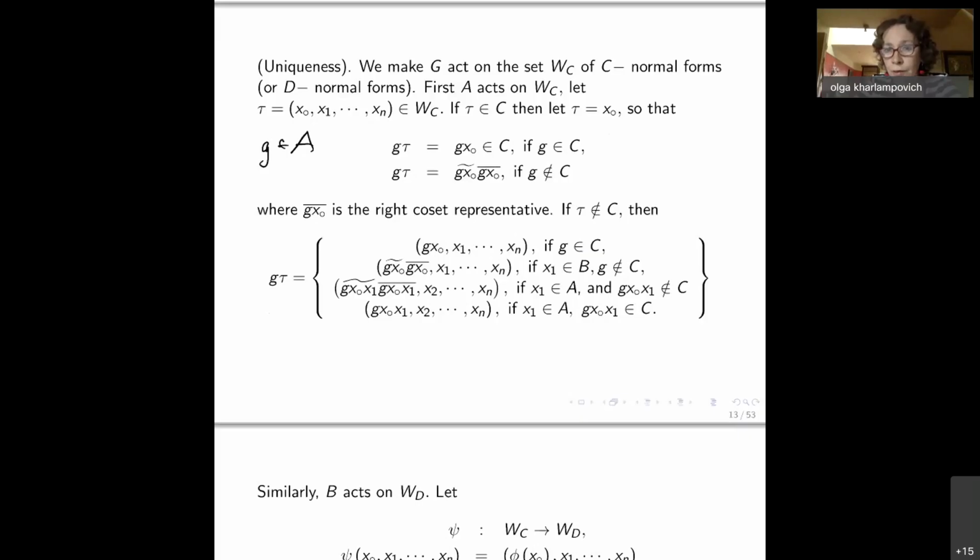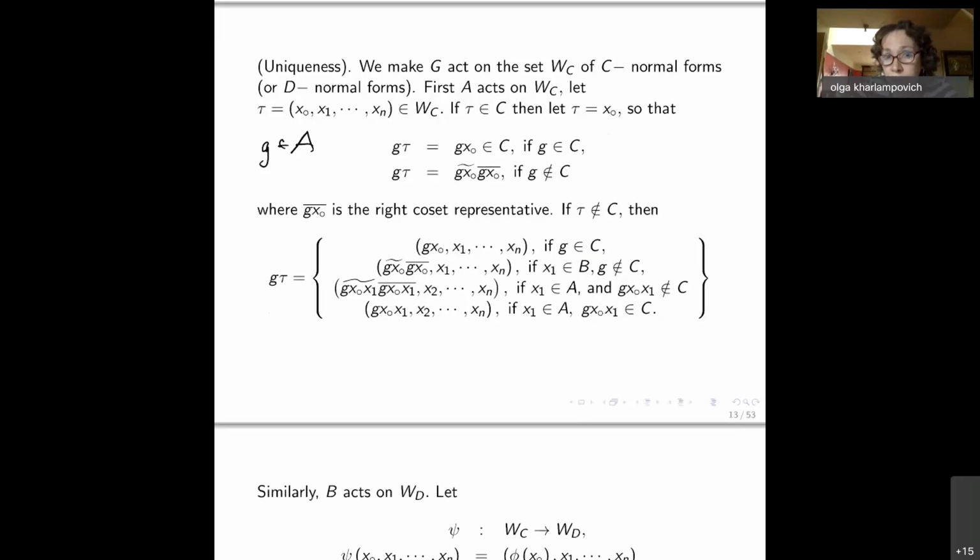Now, if tau does not belong to C, then we just do the natural thing and take a product of g and this element. Let me consider just one case. For example, suppose g belongs to C. Then we have this normal form, g times x0.